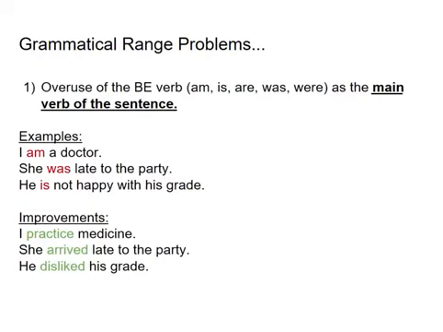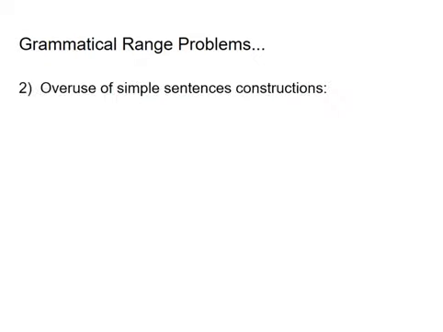Those are difficult, almost impossible to use with the be verb, right? So this becomes a grammar issue because when you use more different verbs, your sentences become more grammatically complex. Okay, so watch for this. Listen for yourself, and do you use too many of these be verbs? Okay, and if so, try to think about making some changes.